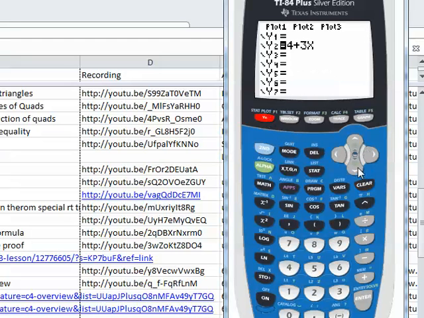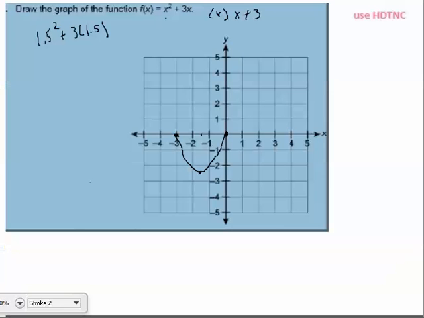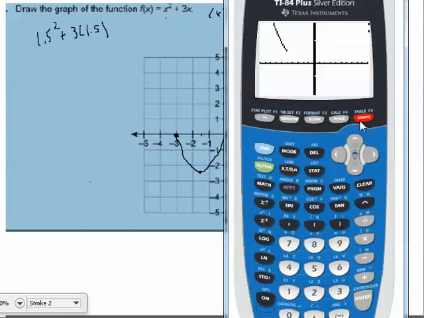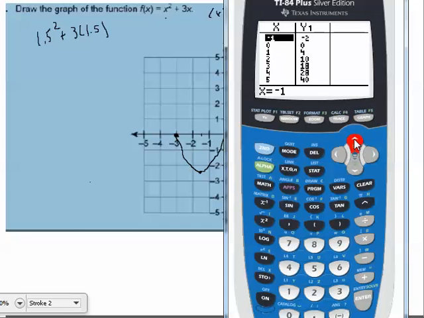And it was x squared plus 3x, and we do a graph of it. Looks just like that. And if we do a second graph, we'll see it goes through negative 3, 0, and at 0, 0.